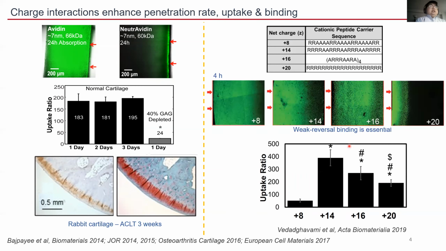The uptake in cartilage does not increase monotonically with the net charge. CPC plus 8 shows the highest uptake ratio, greater than plus 14, then plus 16, and higher than plus 20.